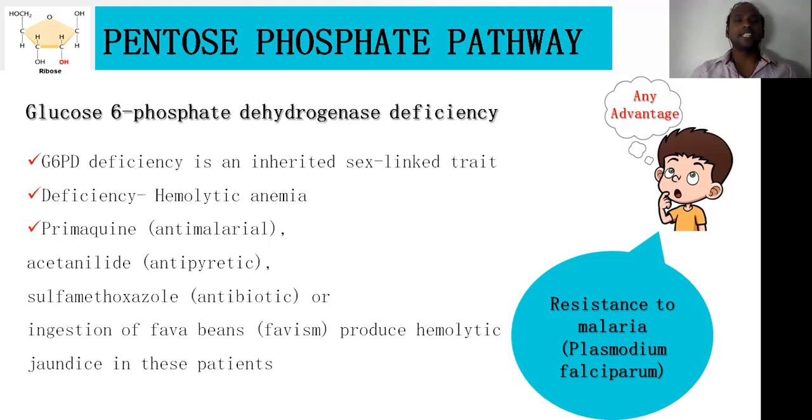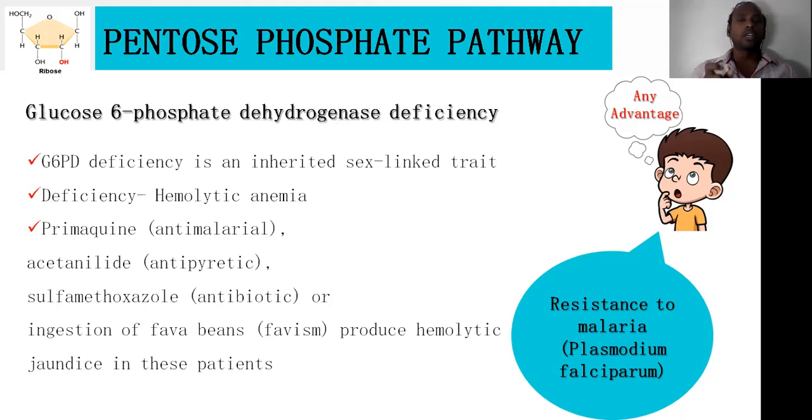Malaria is caused by Plasmodium falciparum, and for its activity Plasmodium falciparum depends on the pentose phosphate pathway, and it tries to reduce the glutathione.